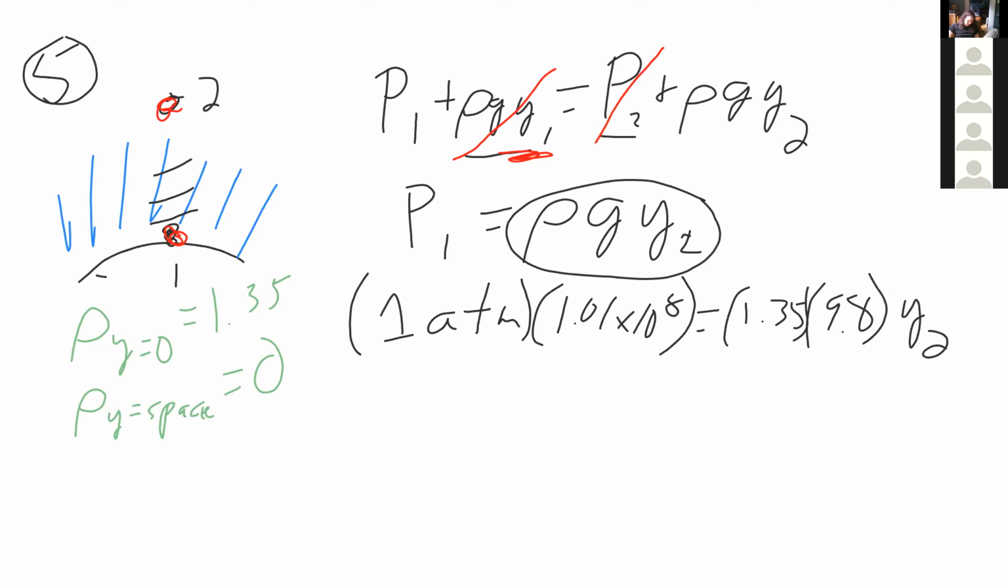So to write this as an equation that we can integrate in terms of y, our density is going to be 1.35, whatever the density of air is, that's our y-intercept, minus y here.